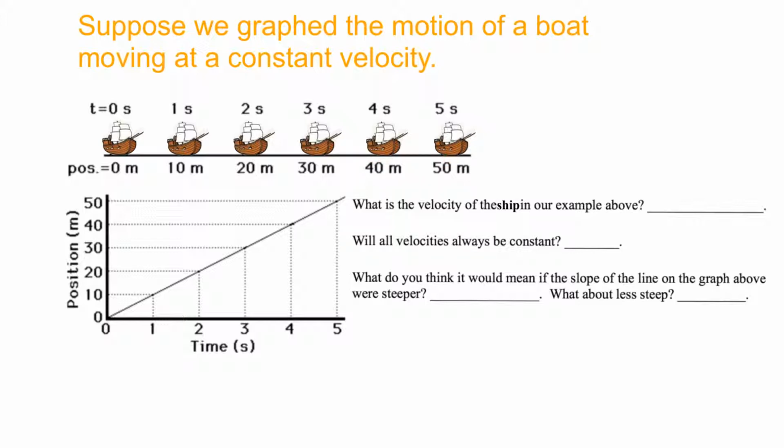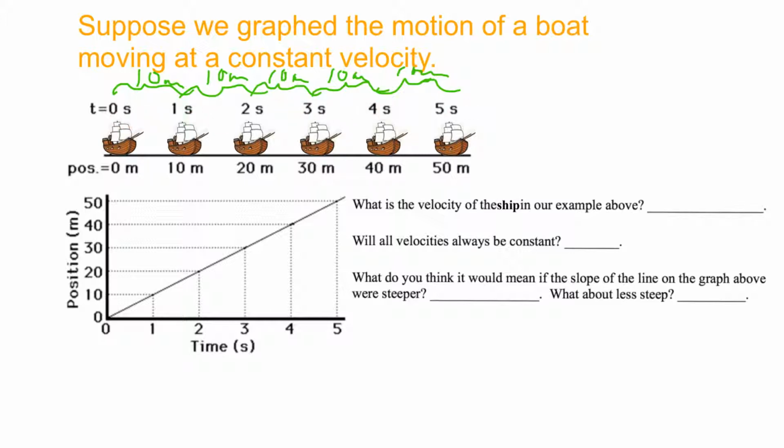Now, take a look at the displacement between every second. 10 meters here, then we've got 10 meters here, and so on and so forth. You'll notice that every second the boat is moving 10 meters. So that gives us a constant velocity. The boat is traveling the same displacement over every second.